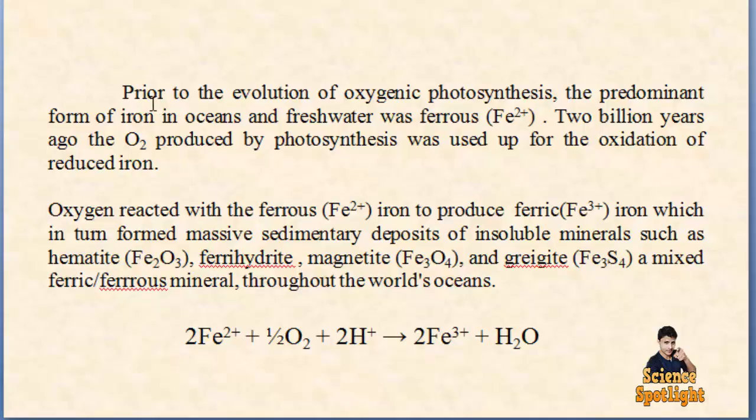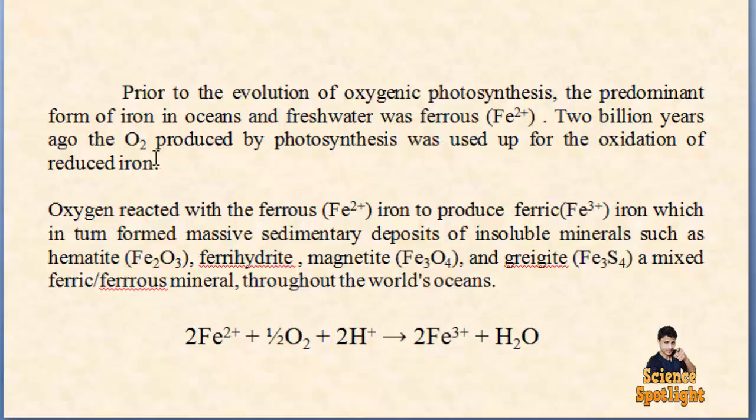Prior to the evolution of oxygen and photosynthesis, the predominant form of iron existing on this earth was the ferrous form, which is the reduced form of iron, and it is very easily soluble in water.